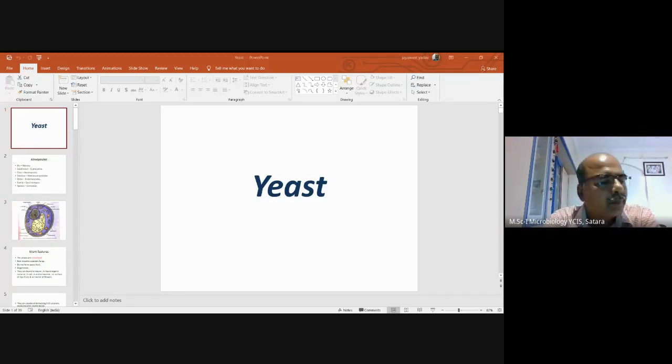Okay, from microbial biodiversity, the unit which was assigned to me is domain Eukaryon. In that domain, we have seen the molds or fungi, their general characteristics, and one of the most important groups, which is separated from the fungi: yeast.